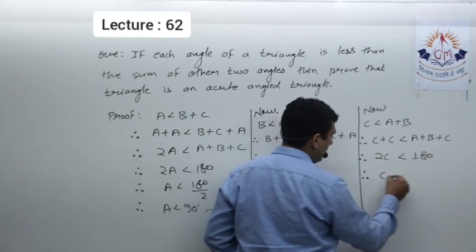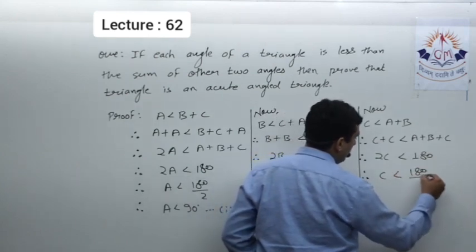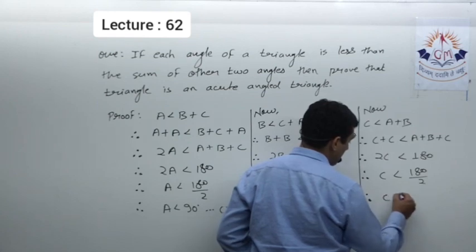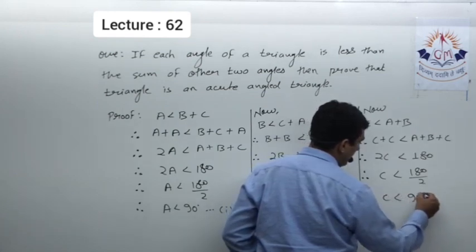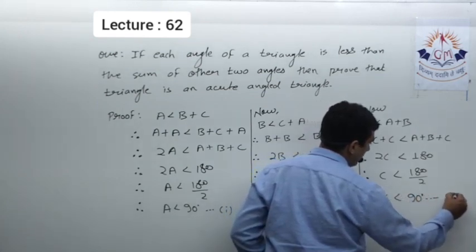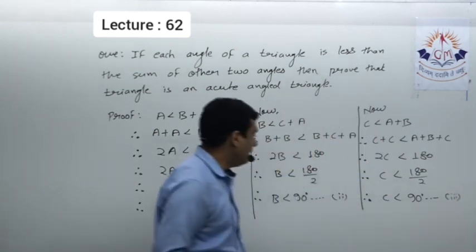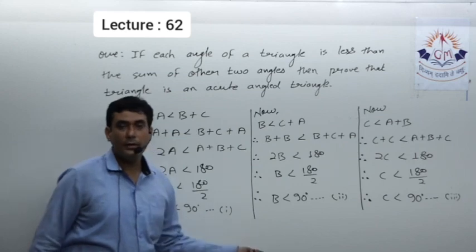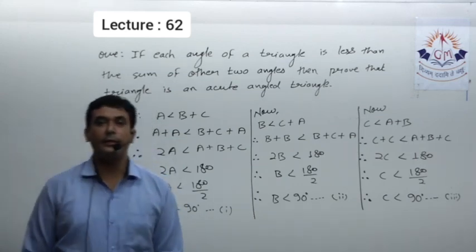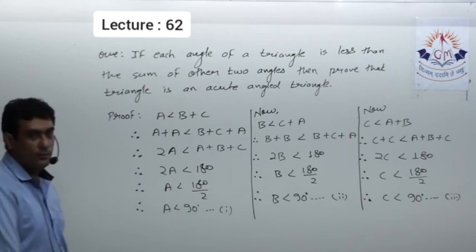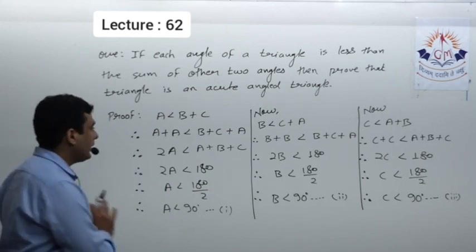So C is less than 180 by 2. Therefore C is less than 90 degree. This is the third one. So now I can conclude from first, second and third, as all three angles are less than 90 degree, therefore the triangle is an acute angle triangle. So please note it down, then I will give you the concluding line.